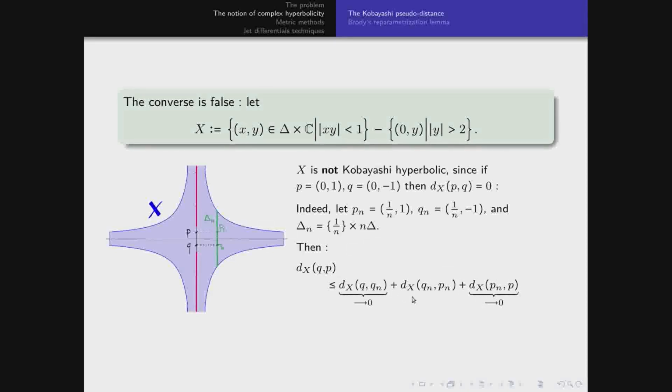But what's interesting now is that this pseudo-distance will also tend to 0, since, as I said before, P_n and Q_n are points inside a large disk which becomes increasingly large. So that's what I'm drawing here on the picture. As n goes to infinity, the pseudo-distance between P_n and Q_n becomes smaller and smaller. And so at the end, this distance is equal to 0.